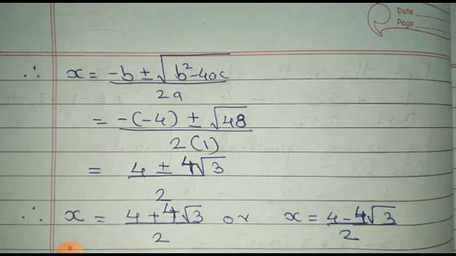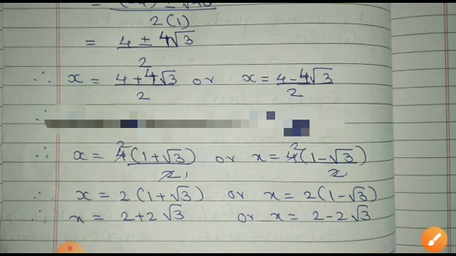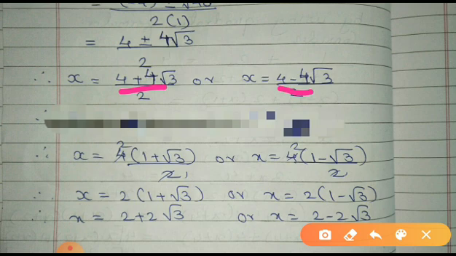So I may write it as 4 plus or minus 4 root 3 by 2, that is 4 plus 4 root 3 by 2 or 4 minus 4 root 3 by 2. Clear? So I can take 4 outside and get 4 into 1 plus root 3 by 2, or 4 into 1 minus root 3 by 2.